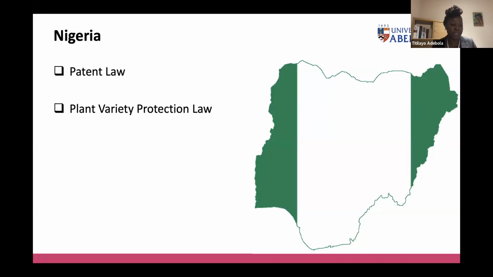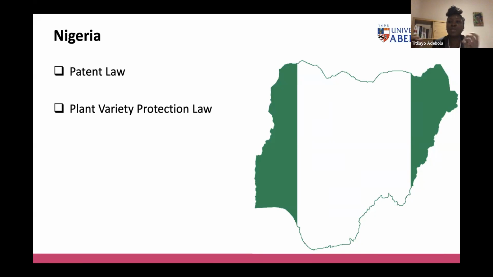Nigeria, in its patent law, also under section 1(4), prohibits the patenting of plant varieties, but its new plant variety protection law introduces provisions such as providing that exceptions for plant breeders' rights should be based on the legitimate interest of the plant breeder.